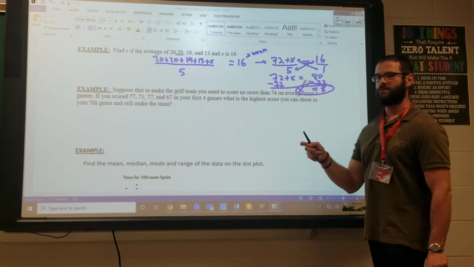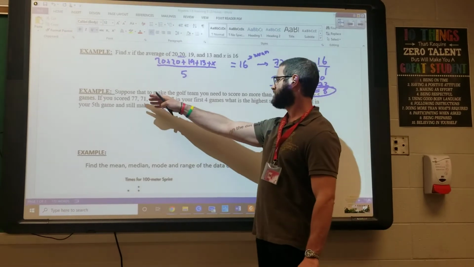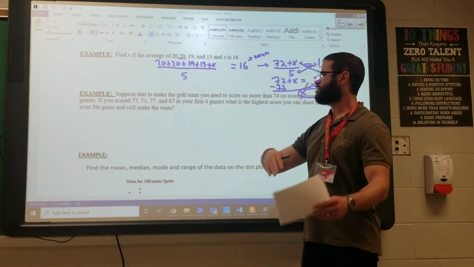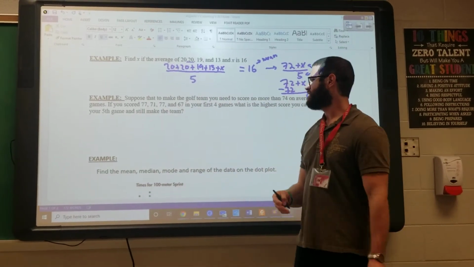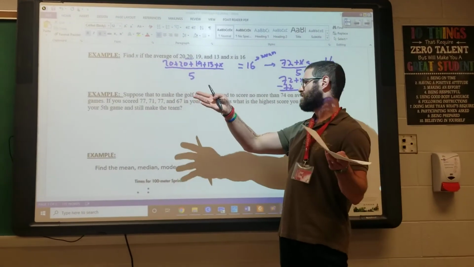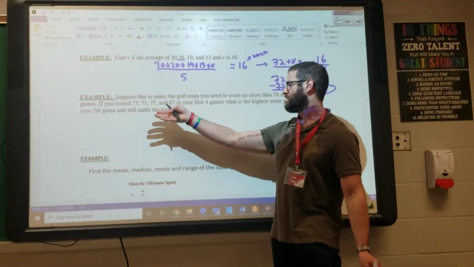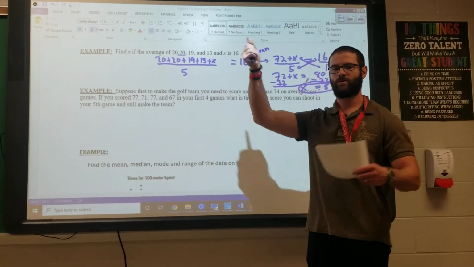All right, next one. In this example we're applying it to golf scores, but we can apply it to test scores too. You can use a similar strategy to find out what test score you need to get a certain average.